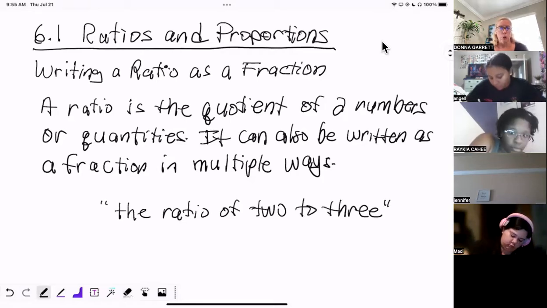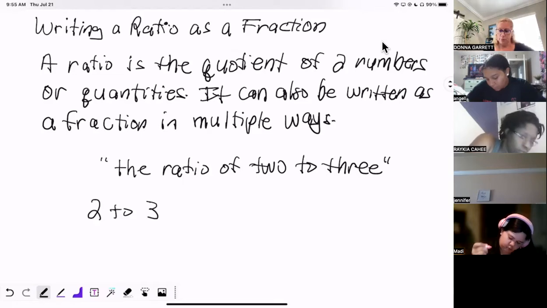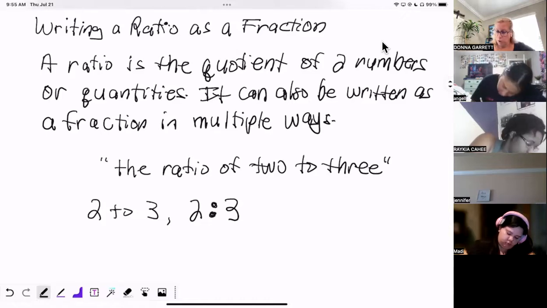That's not how you write a ratio, but I didn't want to give it to you without saying what I'm trying to say. Okay, you could write 2 to 3. That's a ratio. You could write 2 to 3 like that, or you could write 2 to 3 like this. They're all ratios. So actually, every fraction you have is a ratio.